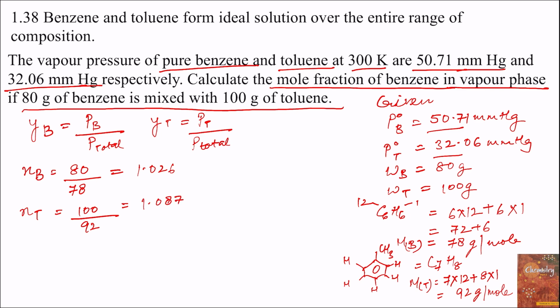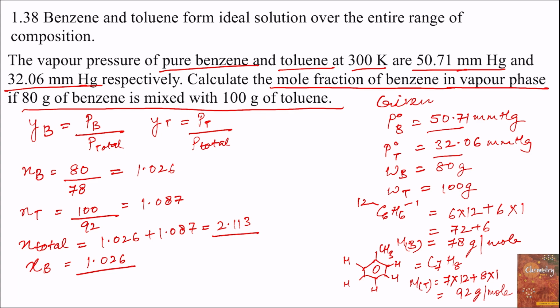Now total number of moles will be moles of benzene, that is 1.026, plus moles of toluene, that is 1.087, and this is equal to 2.113. This is the total number of moles. Mole fraction of benzene is equal to moles of benzene, that is 1.026, divided by total number of moles, that is 2.113, is equal to 0.49.